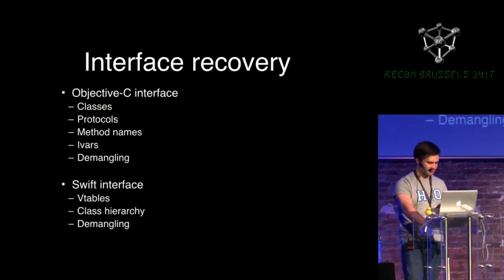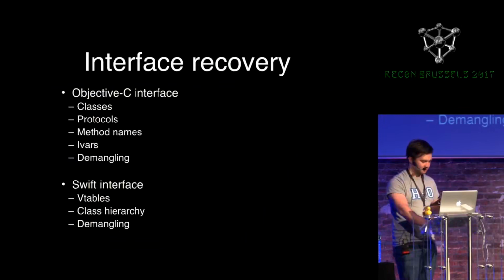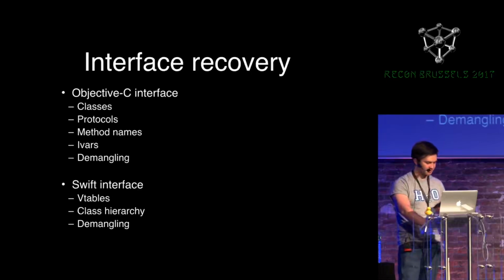As I mentioned earlier, we recover the information on interfaces of Objective-C and Swift classes. In particular, we're able to recover classes, protocols, method names, signatures for Objective-C classes. For Swift, we can only recover the class hierarchy and create virtual tables for these classes.